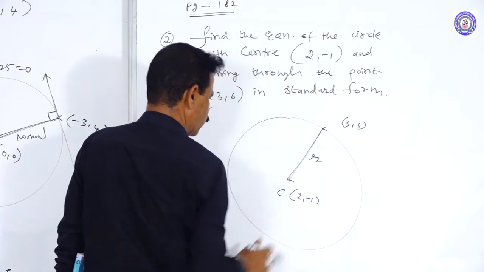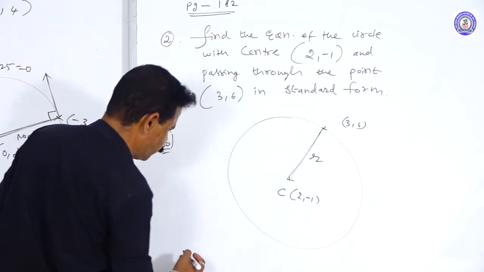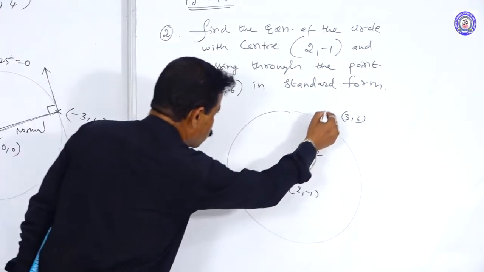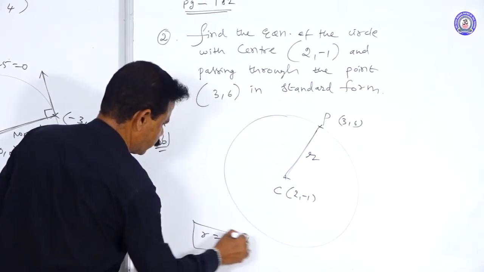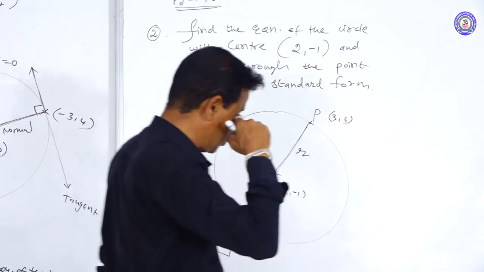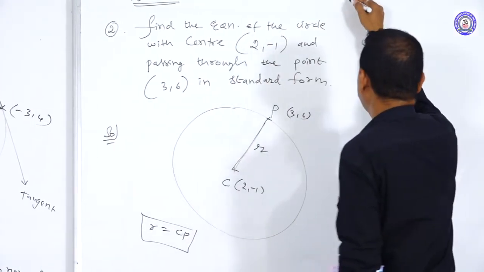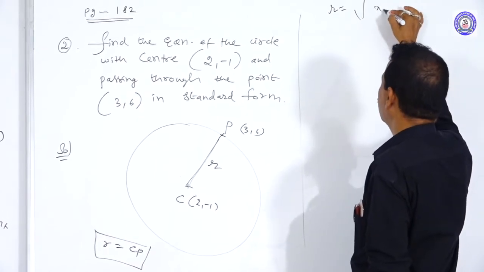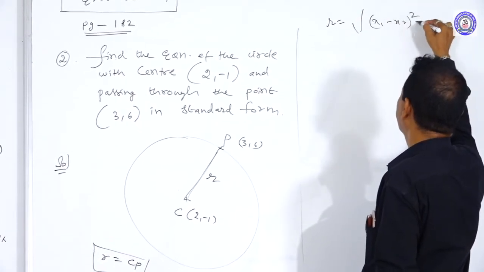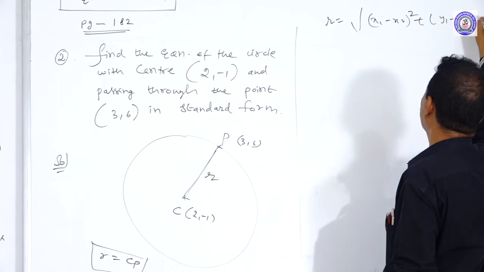We use the distance formula. This point is P. Let us say r is equal to CP here. Radius formula, r is equal to CP, the distance between the 2 points. So r is equal to under root of x1 minus x2 whole square plus y1 minus y2 whole square.